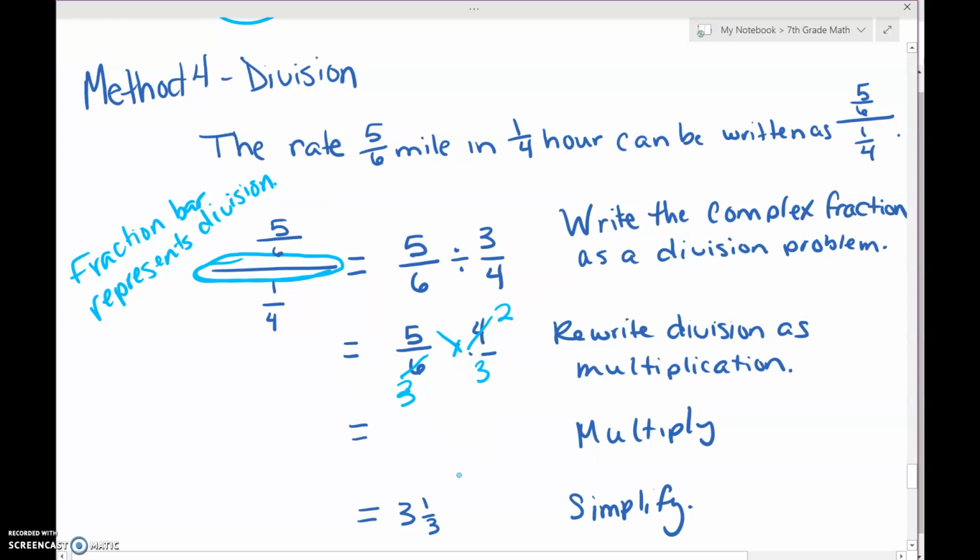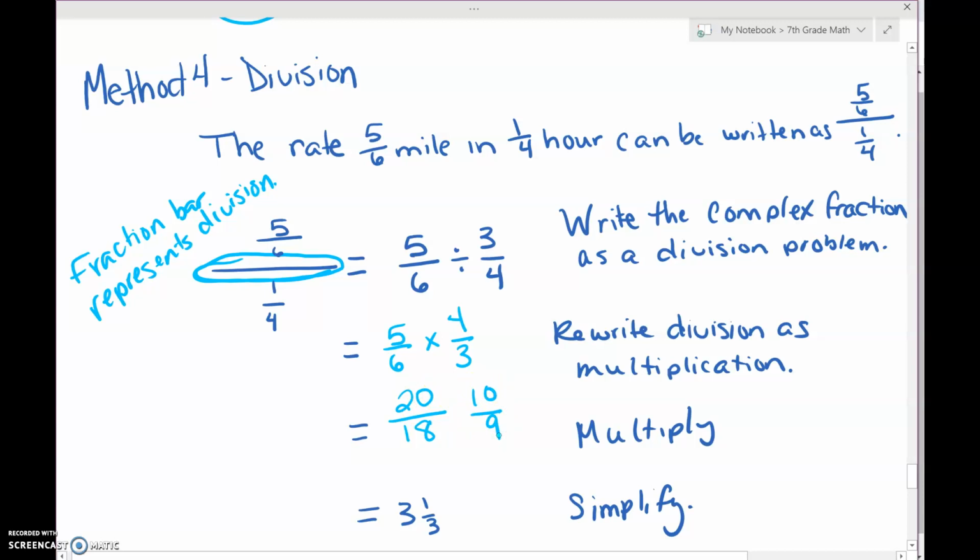Hold on. All right, let's rewrite this. I had some wrong things going. So we have 5/6 times 4/3. Let's just multiply. We get 20 over 18. I can divide that by 2 and get 10 over 9.